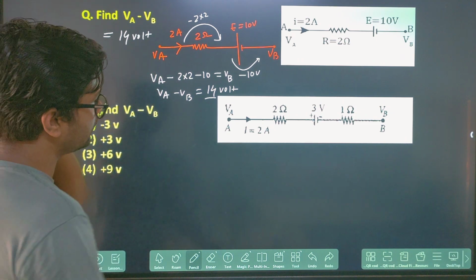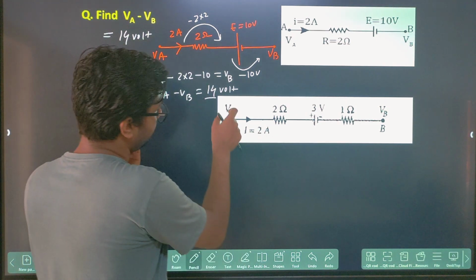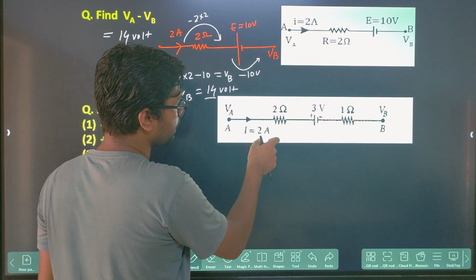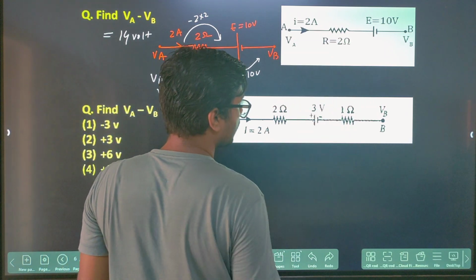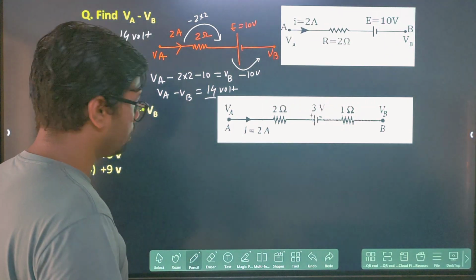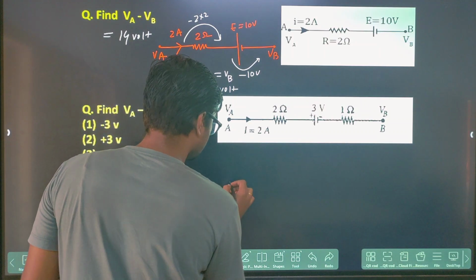Clear? Now see this question. This is A, VA, this is 2 ampere, this is 2 ohm, 3 volt, 1 ohm, and this is VB. So let me draw here.